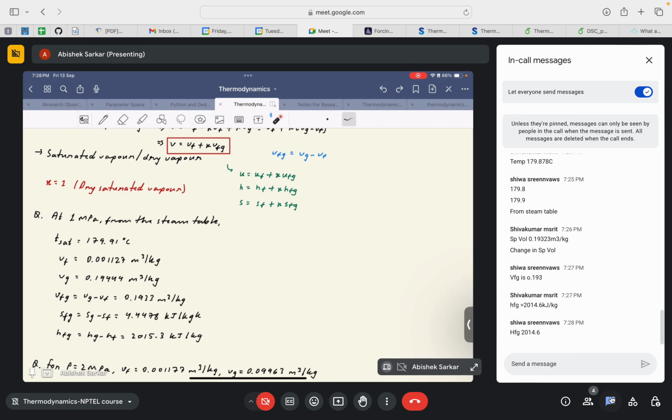Then Vf at the saturation temperature is 0.001127 meter cube per kg, and Vg is equal to 0.19444 meter cube per kg. Then the change in the specific volume is Vg minus Vf, so it turns out to be 0.1933 meter cube per kg.